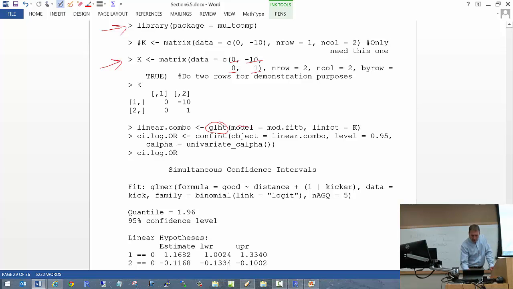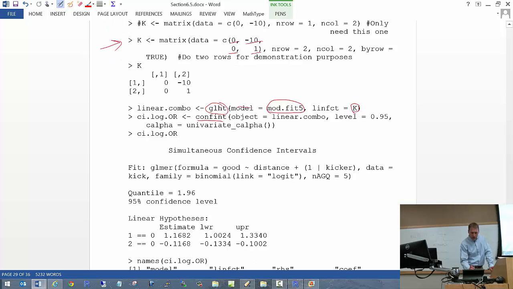I put in my model fit information for the first argument, and then for the coefficients on my linear combination, I use the linfct argument, for linear function. I put in K. To find my confidence intervals, I use the confint function with the resulting linear combination object, as we've seen many times before. I want 95% intervals.